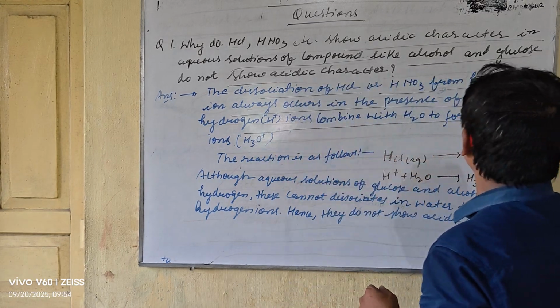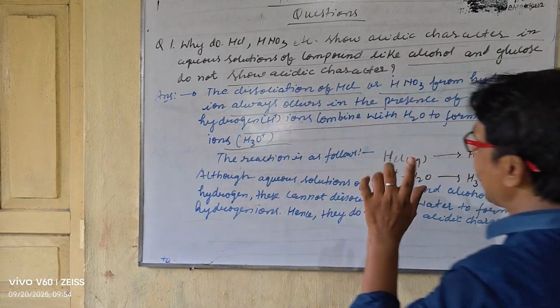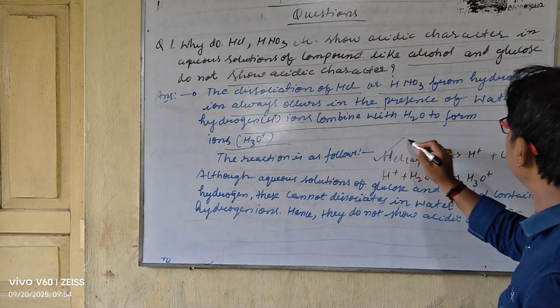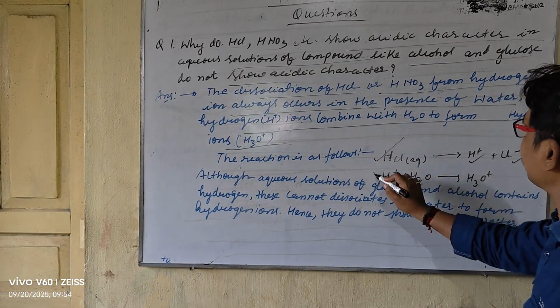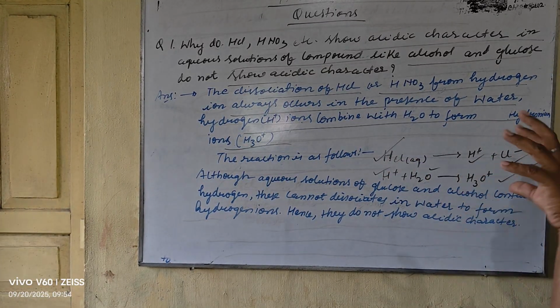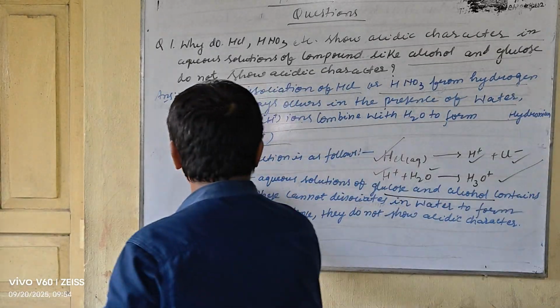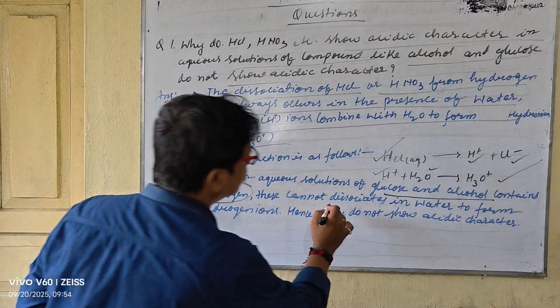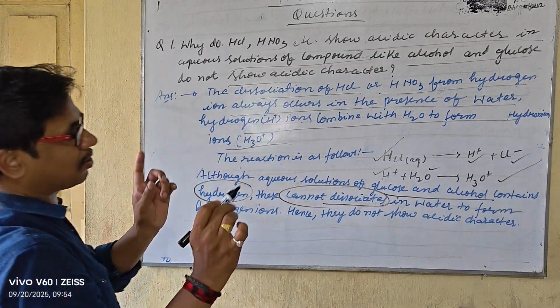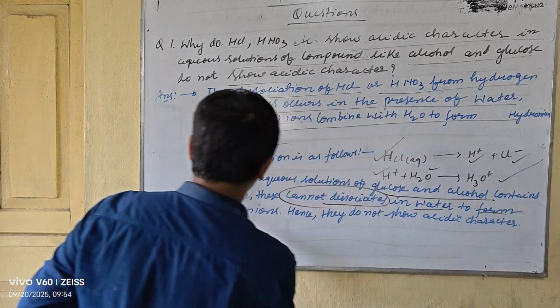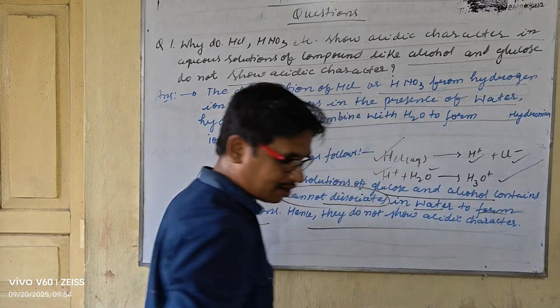Hydrogen ions combine with H2O to form hydronium ion, and that is the reaction: HCl gives H+ and Cl-, H+ plus H2O gives H3O+. Although aqueous solutions of glucose and alcohol contain hydrogen, these cannot dissociate in water to form hydrogen ions, hence they do not show acidic character.